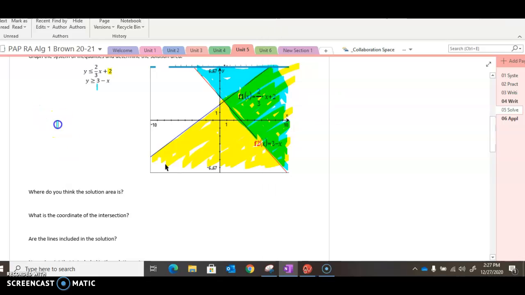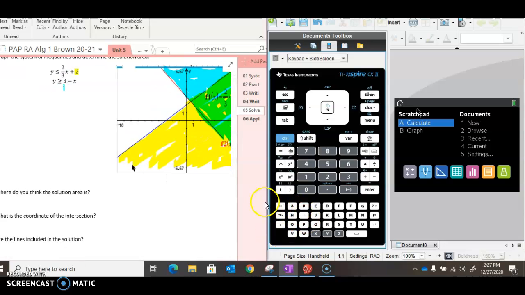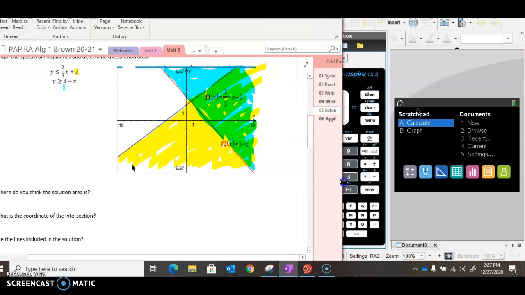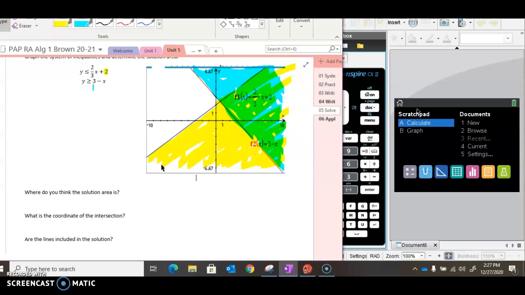So where do you think the solution area is here? If you were guessing first, where do you think the solution area is going to lie? What do you think it would be? Well, if it were me, I would think that it would be in this green area right here, and that is where the shading overlaps.